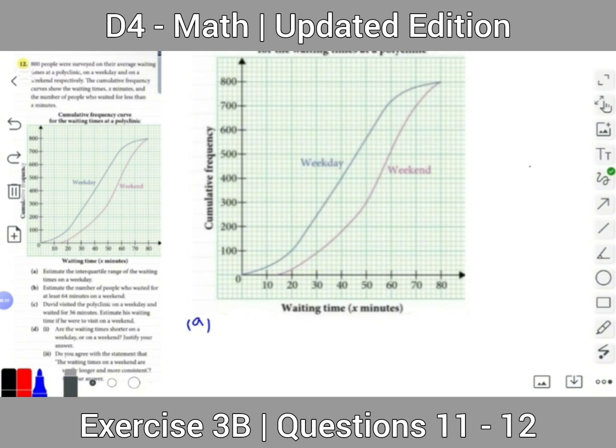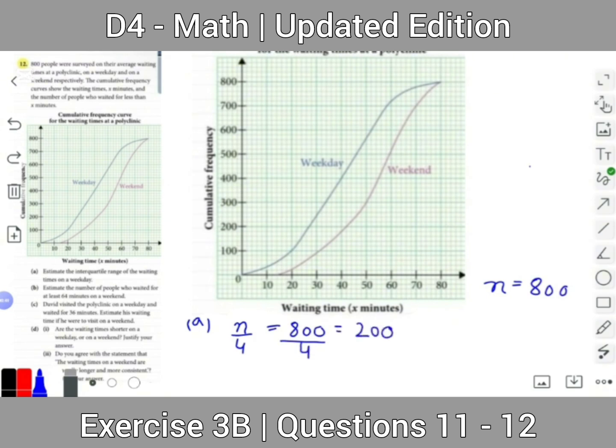To estimate the position of the lower quartile, we will use n over 4, and since the total frequency n is equal to 800 people, 800 divided by 4 will give us the cumulative frequency of 200.